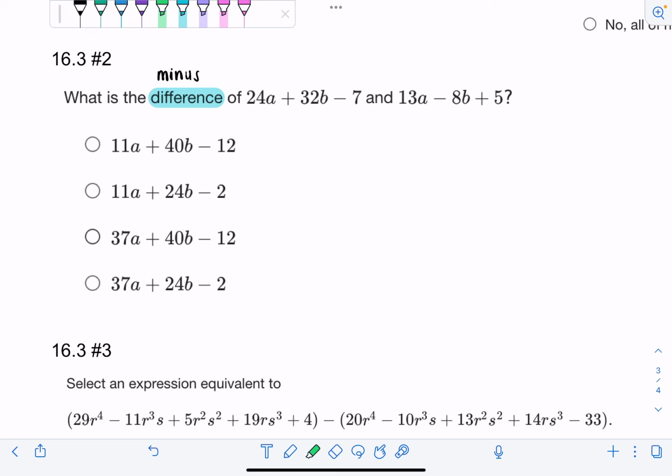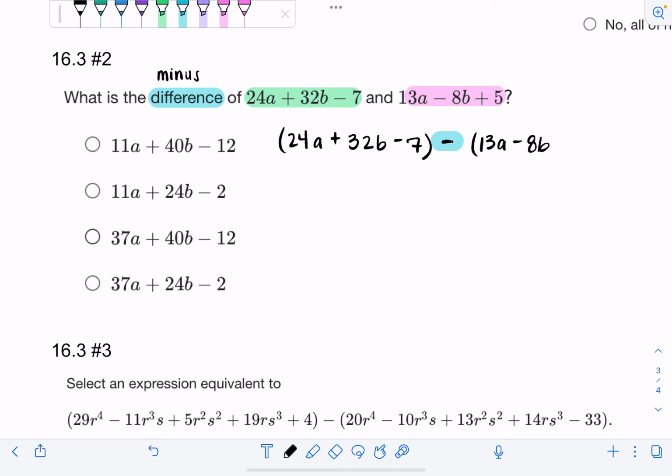It'll be the first one, 24a plus 32b minus 7, and then minus, because it says difference, and then the second part, 13a minus 8b plus 5.